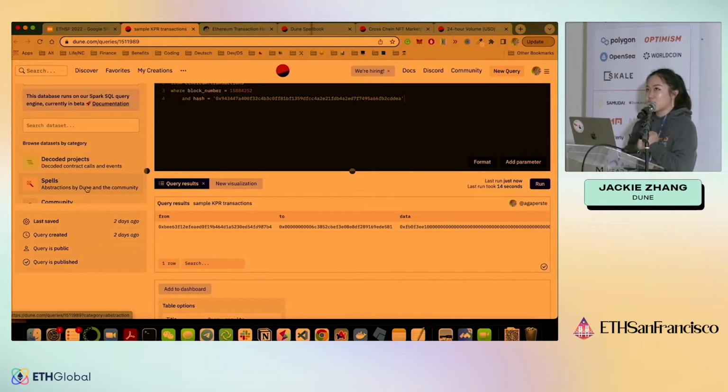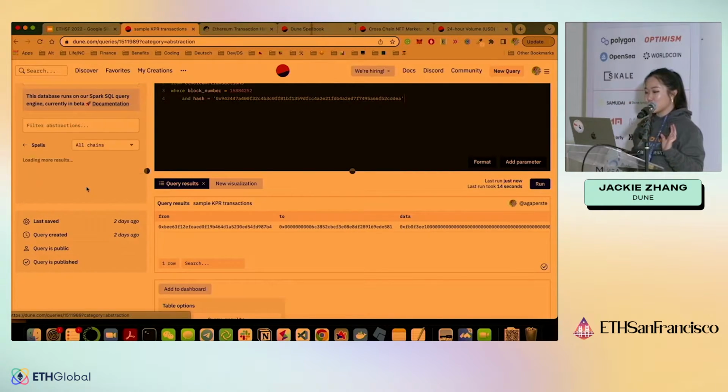Let's say you want to analyze all the trades in the NFT sector. As a person who might not have a deep background in how a trade is constituted, how can you read the trade data from the Solidity code level, right? You can go to, this is all community-gathered data, these NFT trades tables.